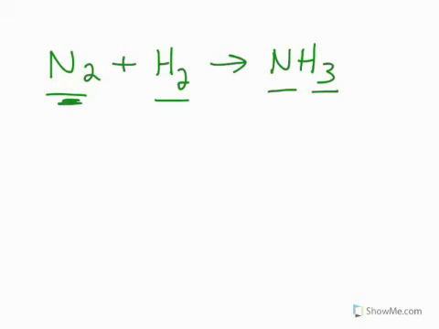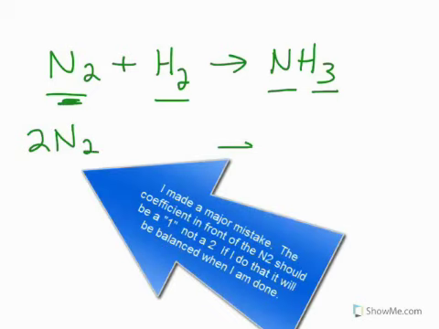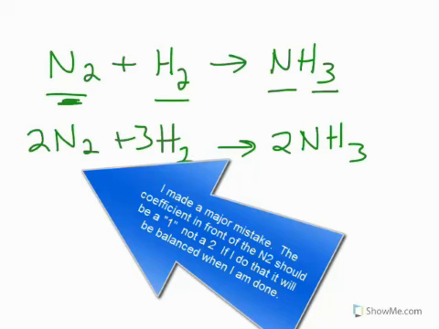So I'll rewrite 2 nitrogens, and I'll have to make this 2 ammonias on this side. So now I end up with 6 hydrogens here, so I add 3 H2s, and I'm balanced. It's that easy. A lot of times, though, this just takes a lot of practice.